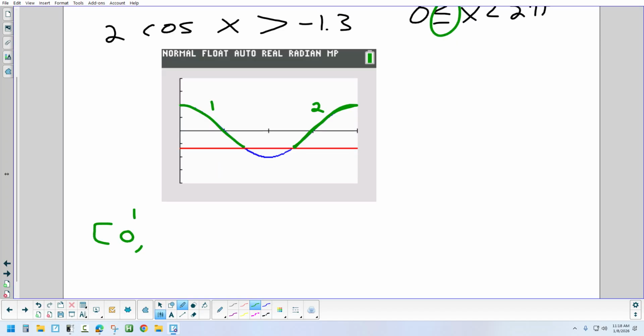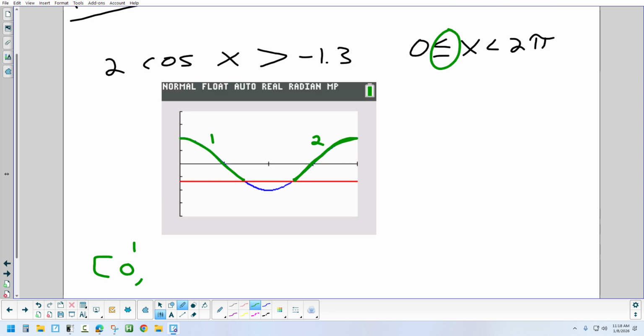And we're going to go right up to the end of interval 1. Now, when we get to the end of interval 1, can we equal the red line? Or do I have to be above the red line? I have to be above it. So that means I cannot include the very end of that green section 1.